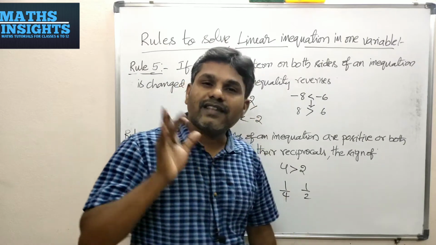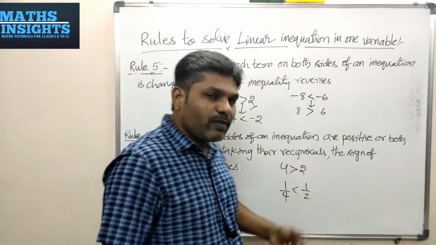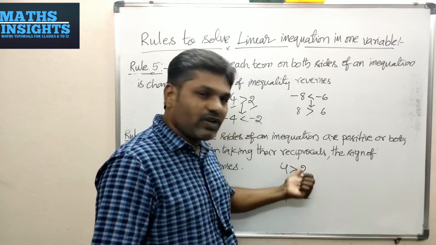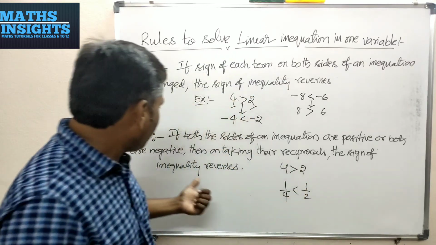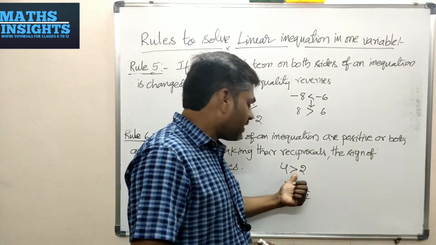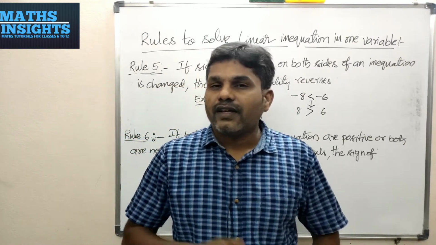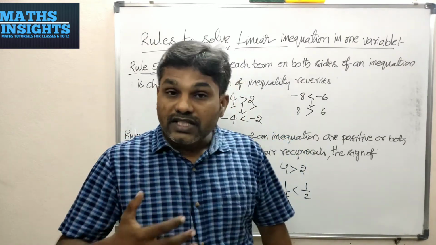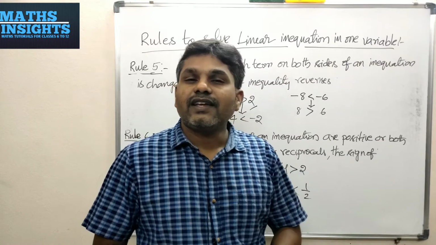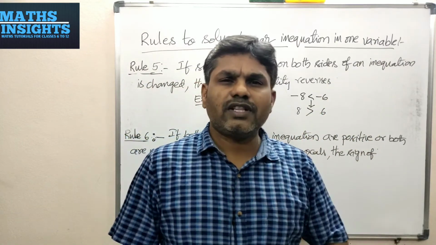Here a lesser part. So 1 by 4 is less than 1 by 2, since I am taking the reciprocals. The sign of the inequality reverses. Even if it is negative, if you take the reciprocals, the sign of inequality will change. All these rules will become very clear when you solve the problems.